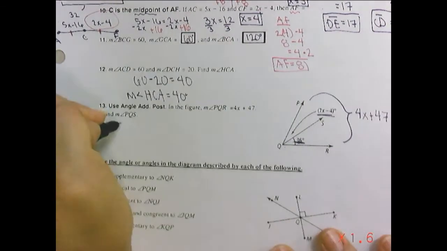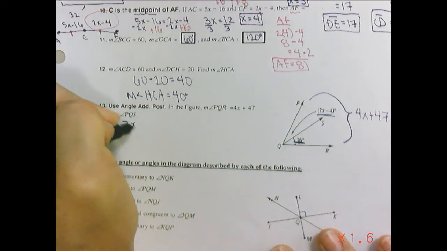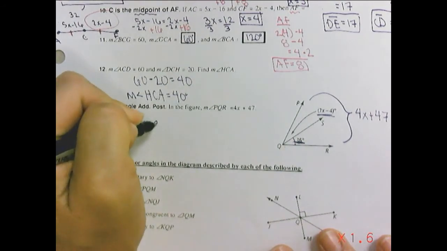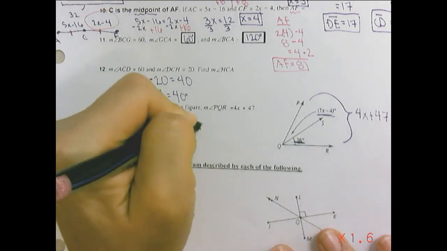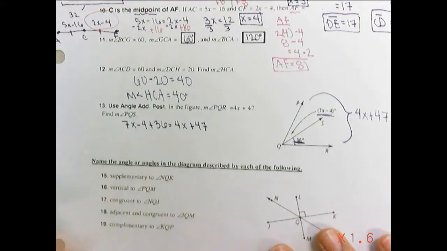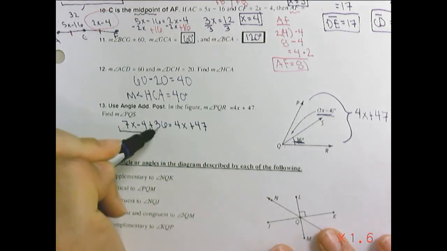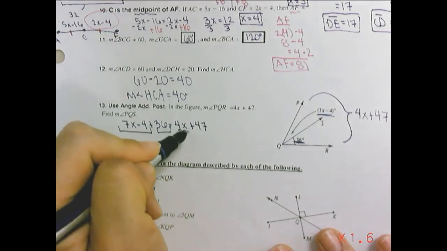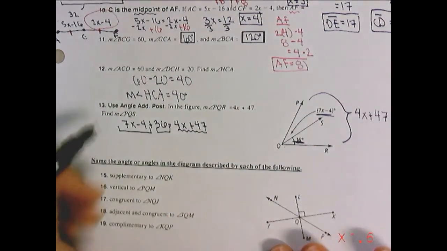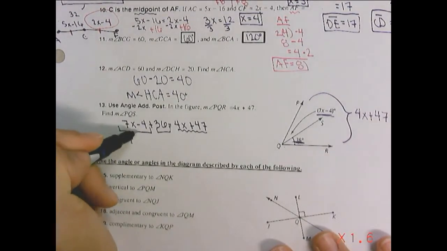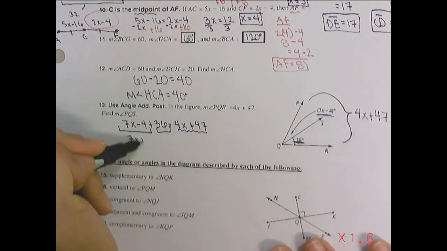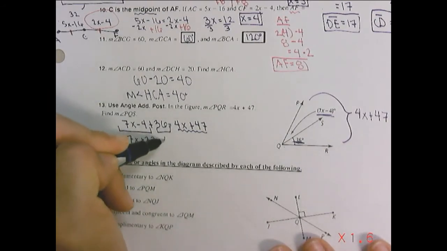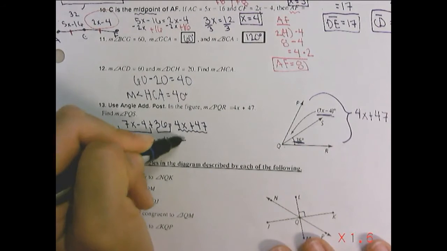So here we go. 7x minus 4 plus 36 equals 4x plus 47. Here was one of my angles, adding it to the other angle and setting it equal to the full angle. Well, 7x, and then a negative 4 and a positive 36 is a positive 32, which equals 4x plus 47.